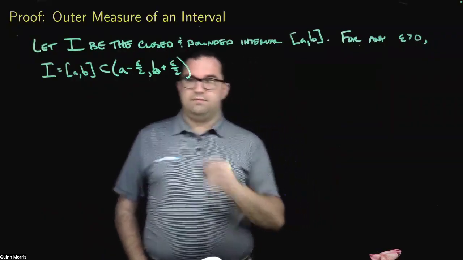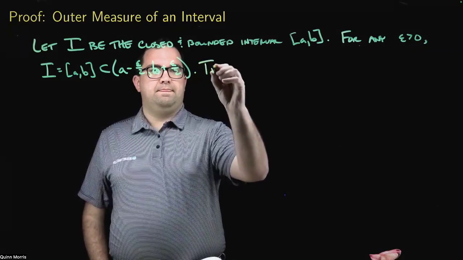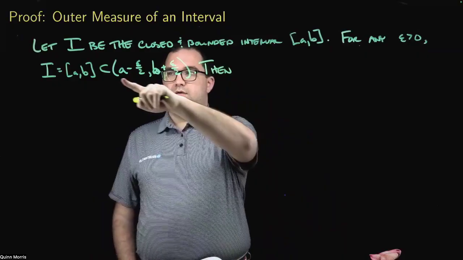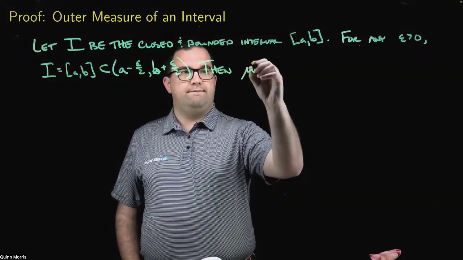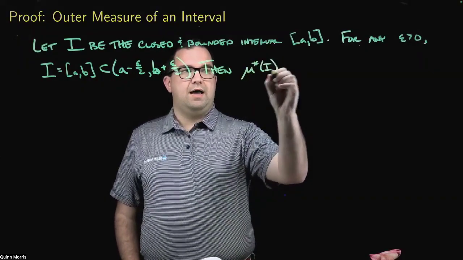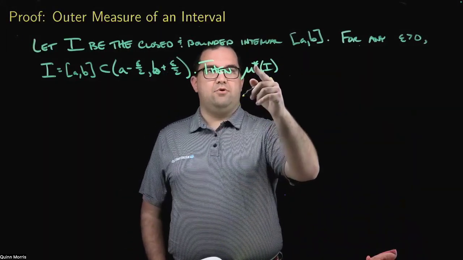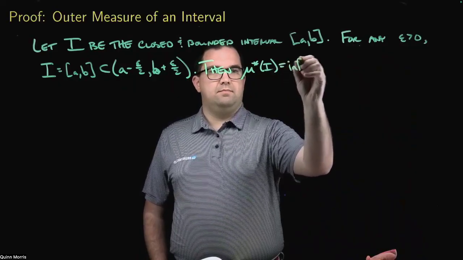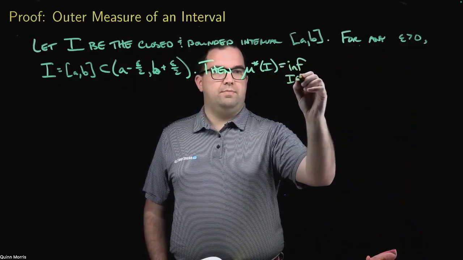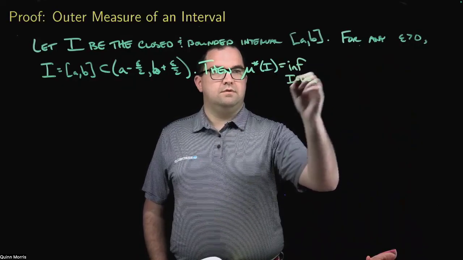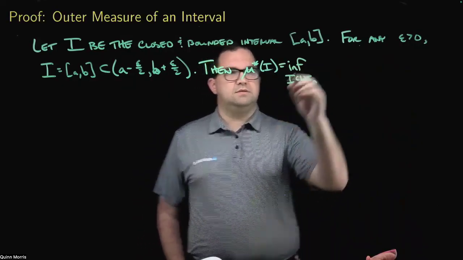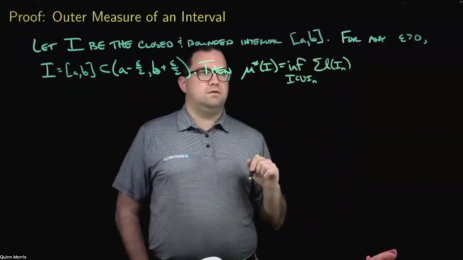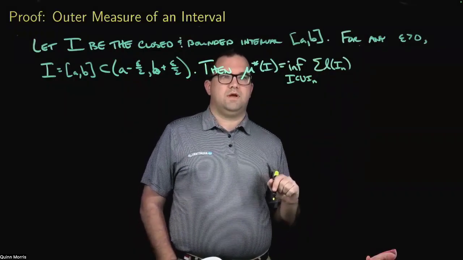Now, if we do that, the outer measure of I, by definition, the outer measure of this interval is the infimum over all open covers of this, and it's the sum of the lengths of those intervals in the open cover.